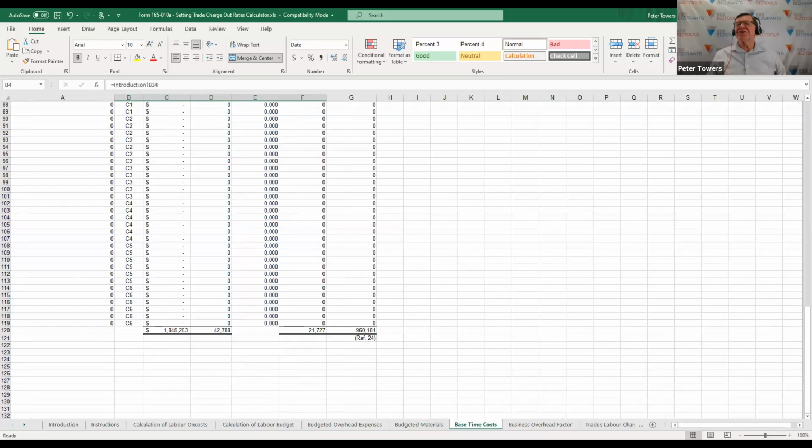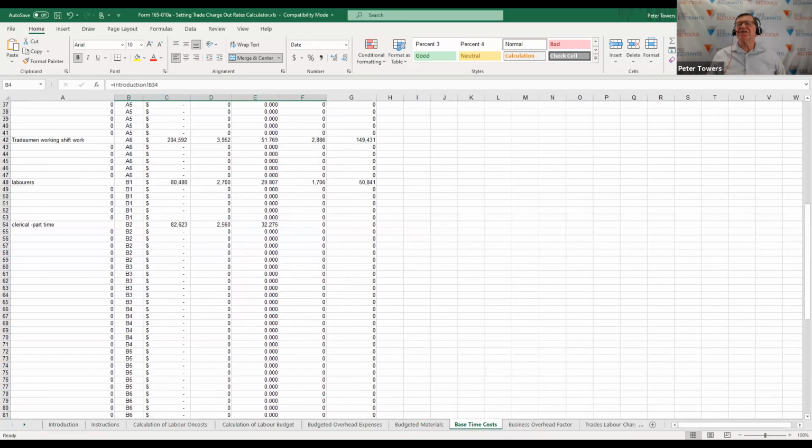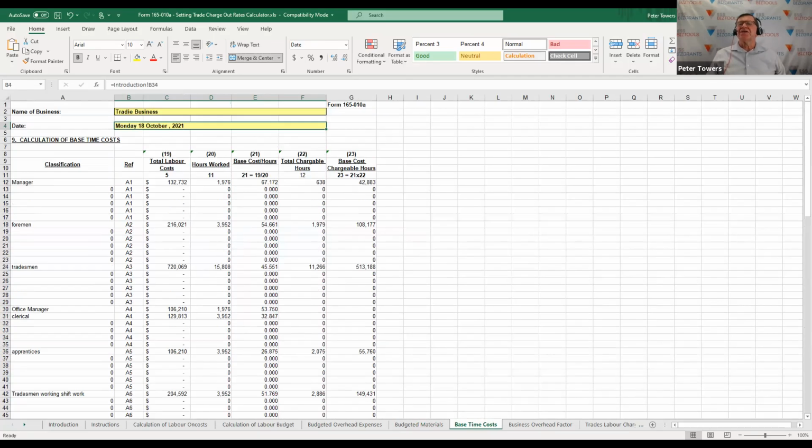The system then goes through and calculates the base time costs. It's basically looking at the total labor costs, so that's the direct wages plus the on costs for each category, and it's looking at the hours worked for those categories. It's then calculating a base cost per hour.